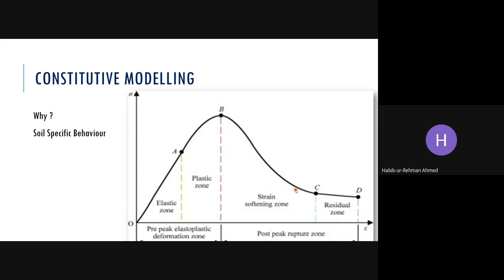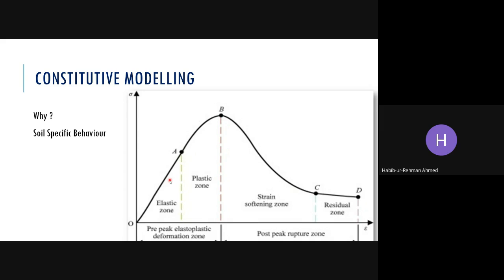Now, in this lecture, I'm just going to give you a general introduction, a general exposure to how we do it, but there will be no specific modeling details in this lecture at least. Of course, if we talk about one single constitutive model, it requires at least a couple of lectures to understand how we go about the complete modeling part.